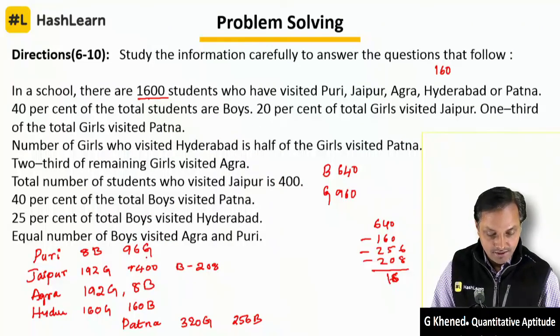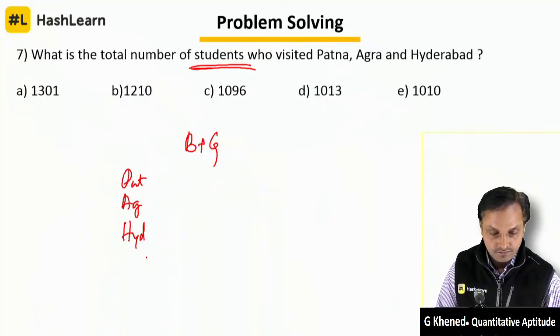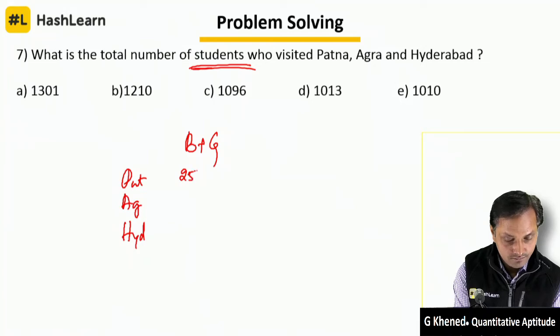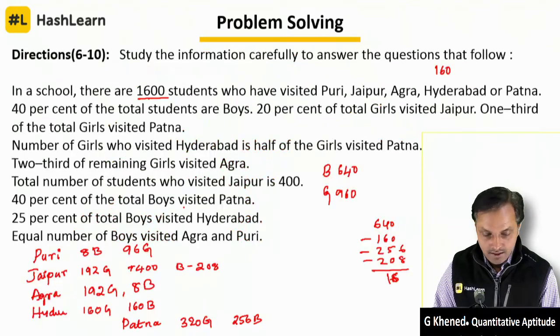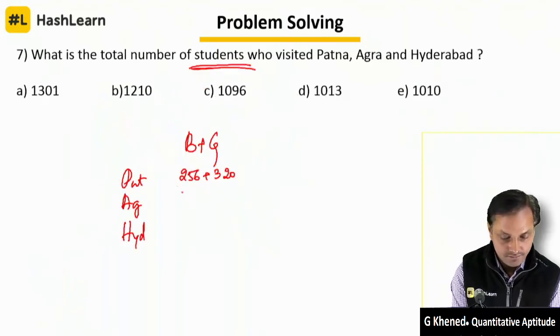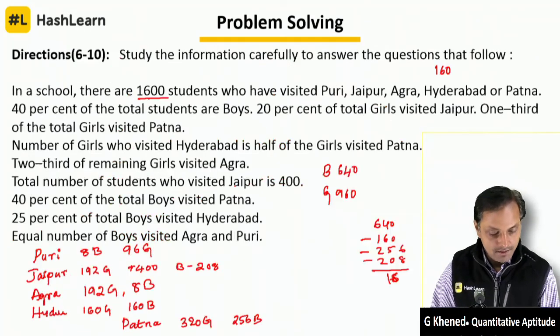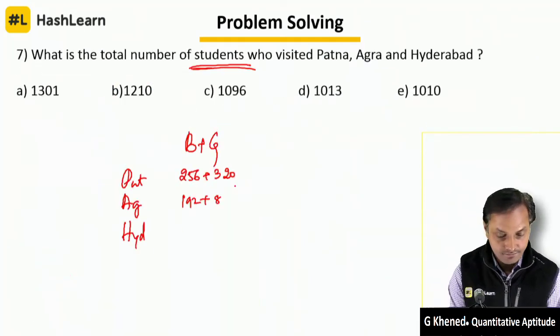Patna is 320 plus 256. Agra 192 plus 8. Hyderabad 160, 160.